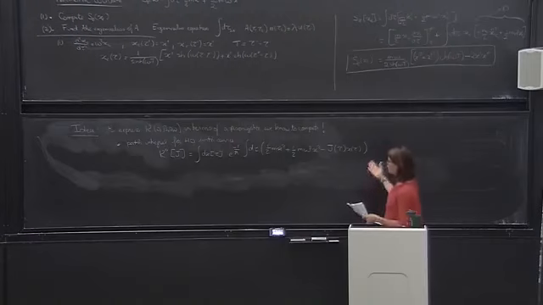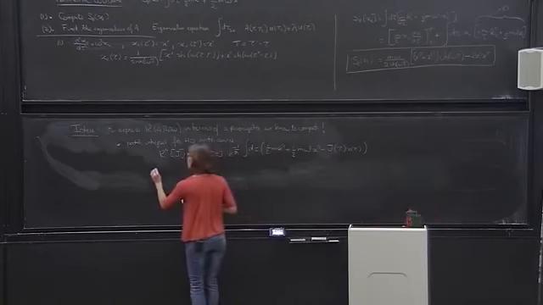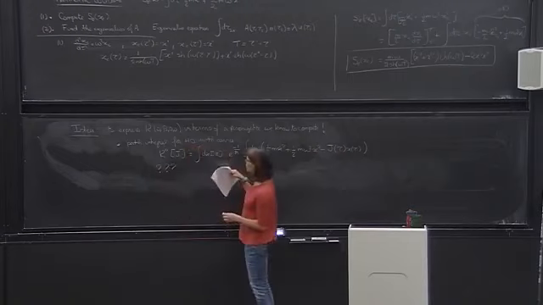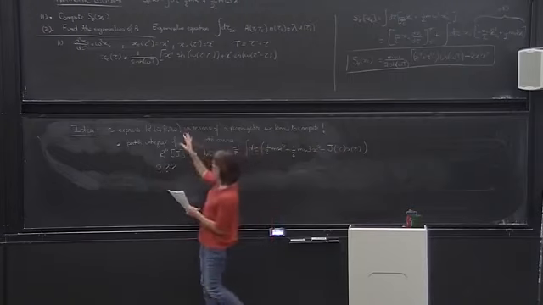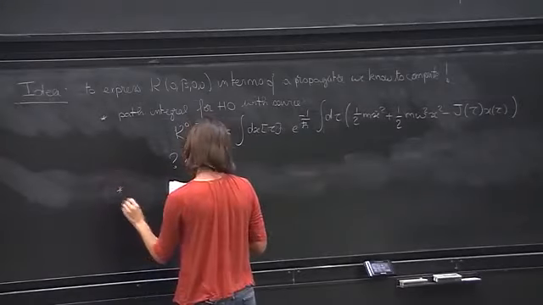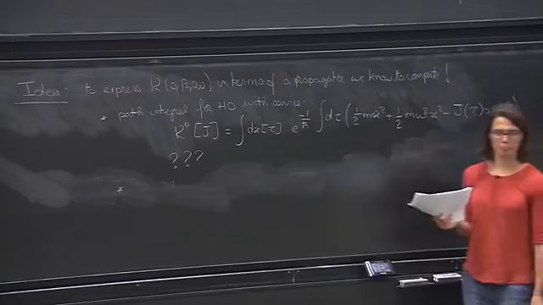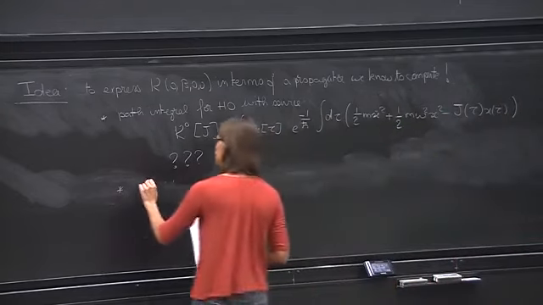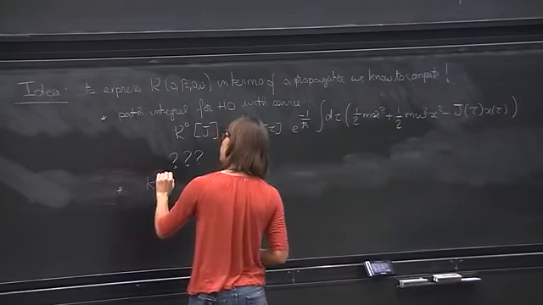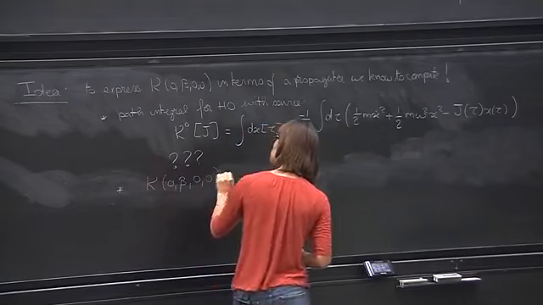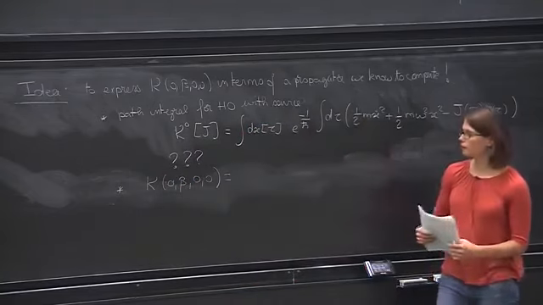But first, why is this interesting? Okay, we know how to compute that, but how can we relate that to this object? Do you know? Have you already seen that? How can I write it?